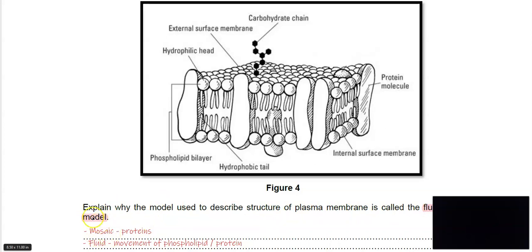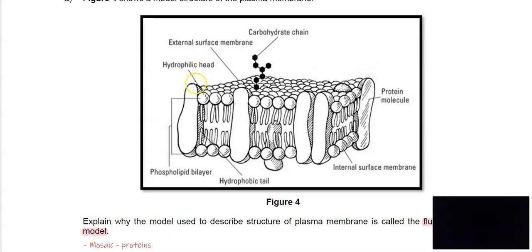So I have explained this earlier. As you can see, these are the components of the plasma membrane, or any membrane. It can also apply to the membrane of organelles. It consists of a phospholipid bilayer, and you have proteins embedded in the membrane that have different functions, the 6 different functions of the protein.